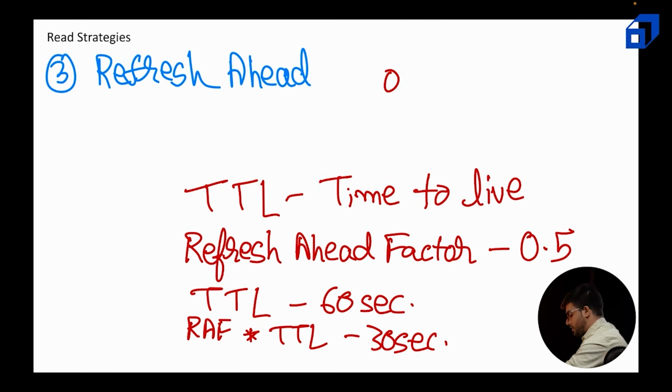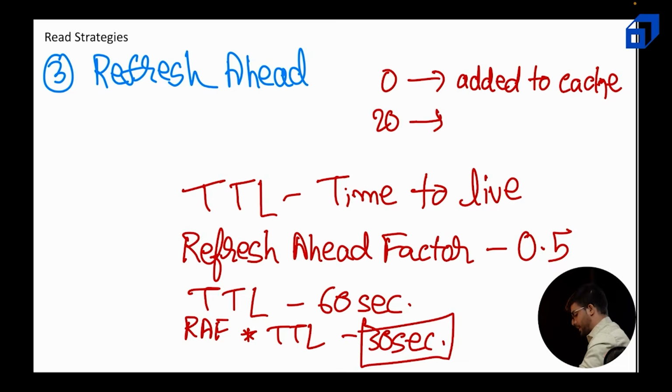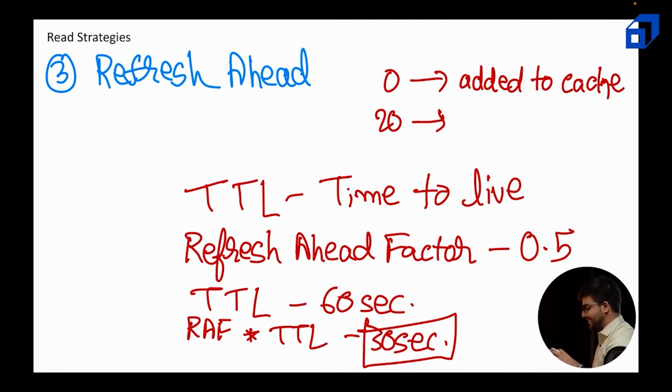On the 0th second, information is added to the cache. Now on the 20th second, there is again a read for the same information. Nothing will happen. Consider the 30-second marker over here; since 20 is less than 30, nothing is going to happen.